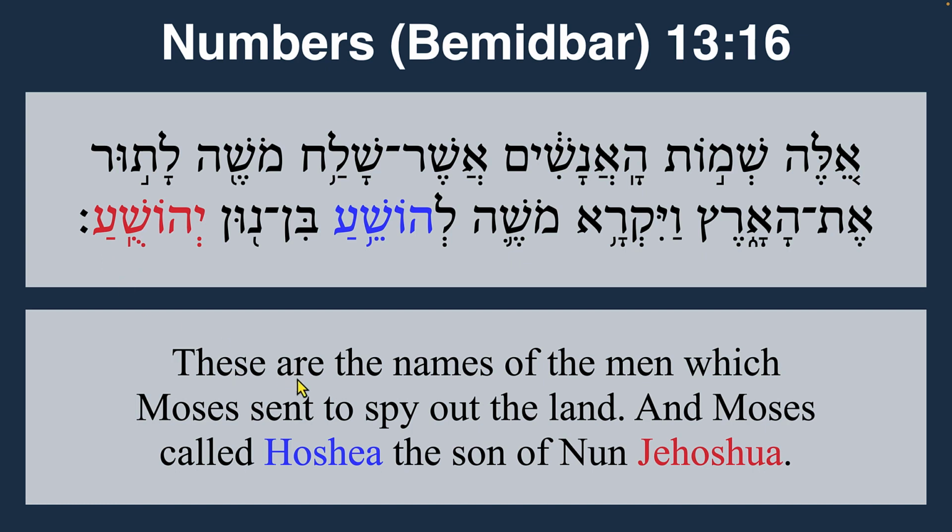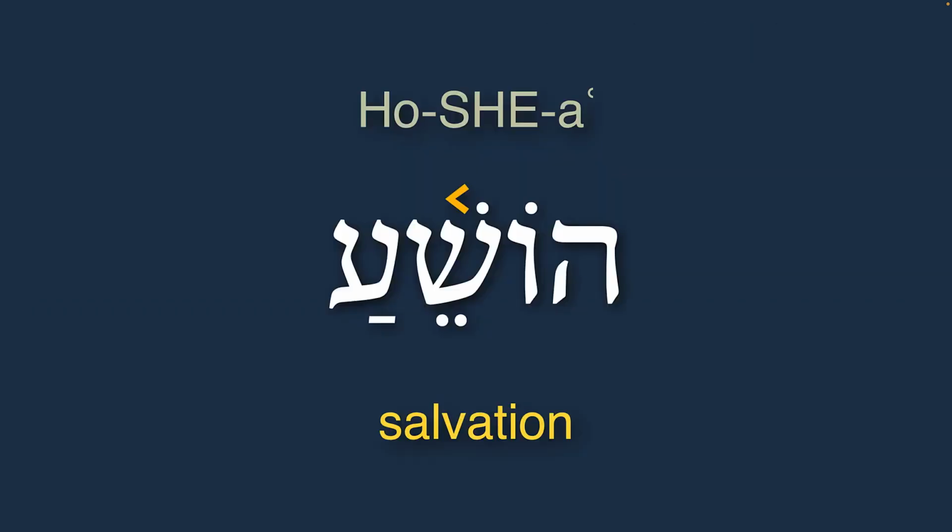So here he says, these are the names of the men which Moses sent to spy out of the land, and Moses called Hosea the son of Nun Yehoshua. Yehoshua is pronounced, well, this is Hosea. Stress is on the she syllable. Hosea. It means salvation.